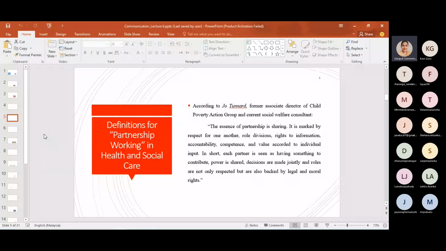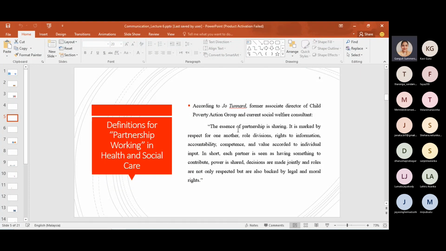Okay, so now we will be looking into several definitions given by several people for partnership working in health and social care. We will look at two definitions. This is how these people have defined partnership working in health and social care.